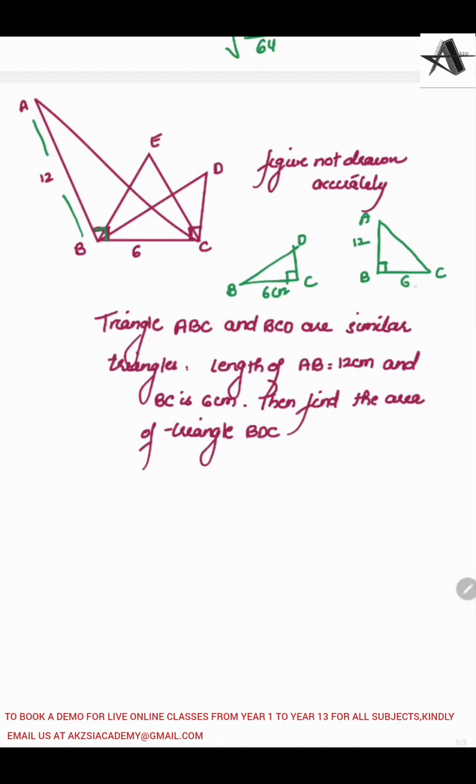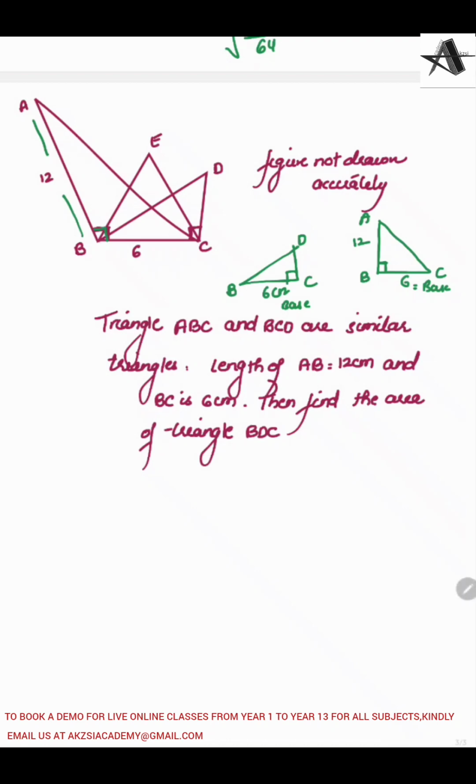So if you are saying this is the base of this triangle, this is not going to be the base as well. Otherwise this DC will come out to be 12, which clearly you can see is a very small triangle and the other is a bigger triangle. Though the figure is not drawn accurately, that doesn't mean that they both are equal. They definitely seem not to be equal at all.